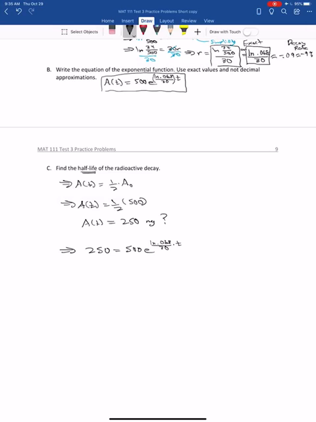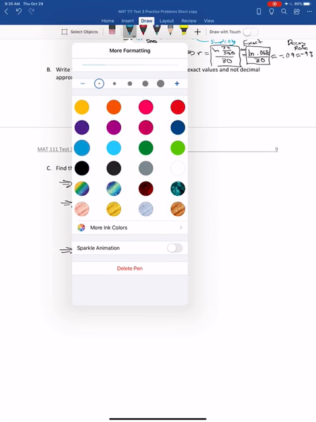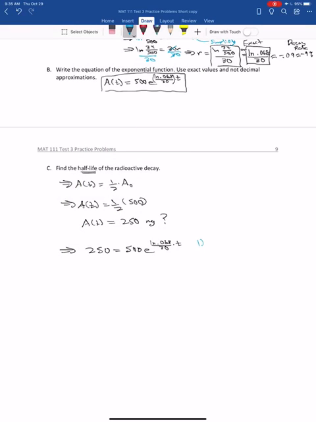So as we work on solving this, our first step would be to isolate the term. We have to solve for t. So keep in mind what we're solving for. That means we need to isolate the exponential term. And to do that, we've got to divide out on both sides by 500.